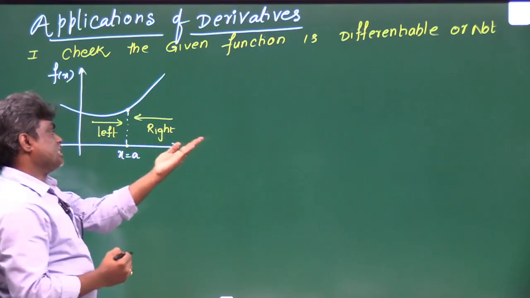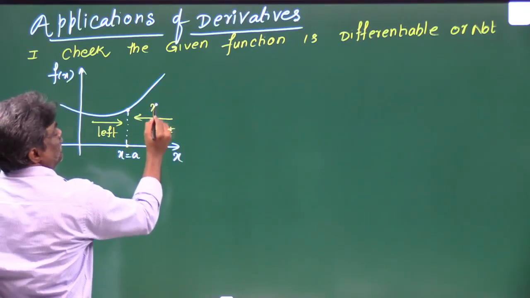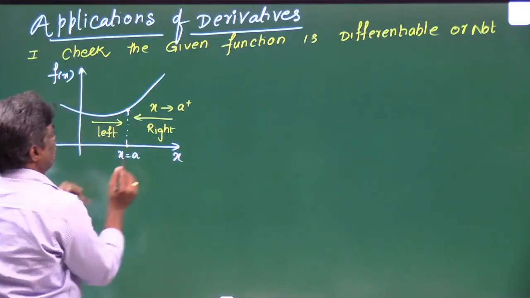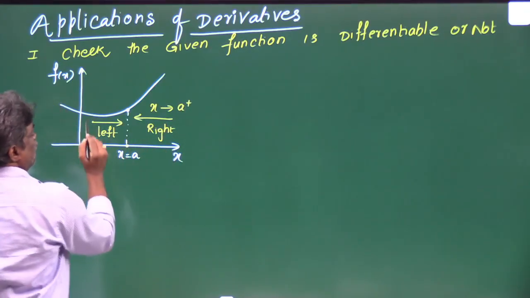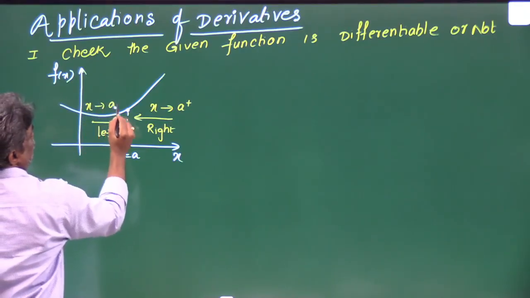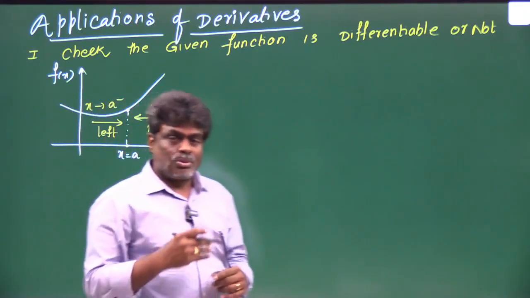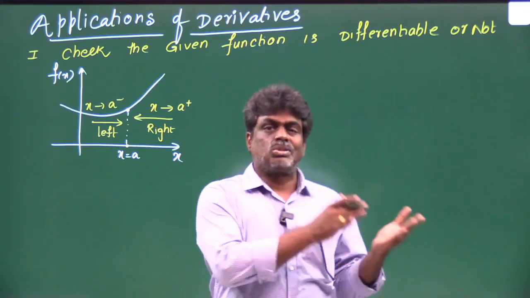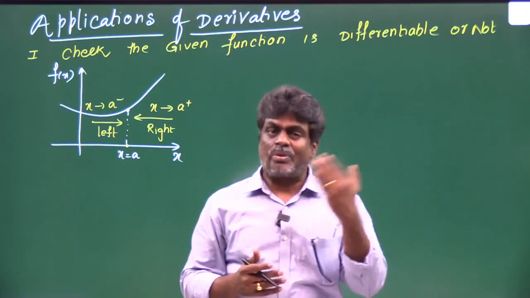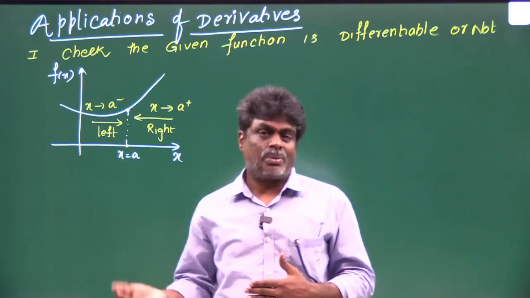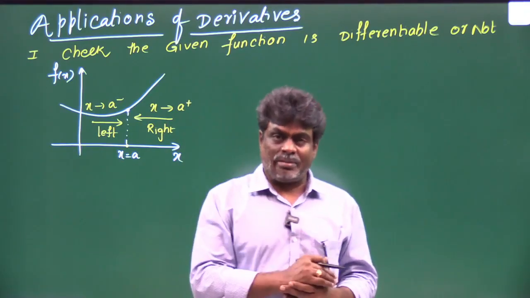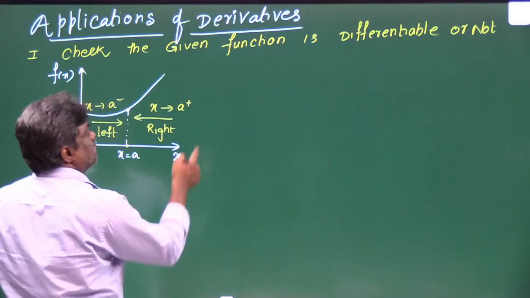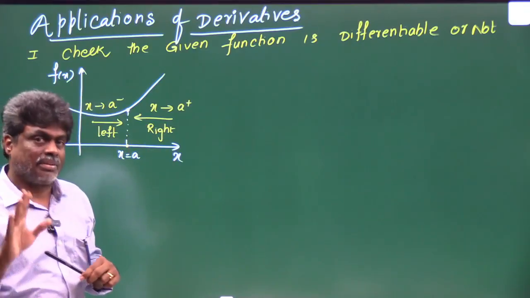Whenever it is approaching from the right side, we take it as x tends to a plus, and from the left side, x tends to a minus. That means from left side to a and from right side to a, just like limits we find. And if both the derivatives are the same, then the function is said to be differentiable, otherwise no.